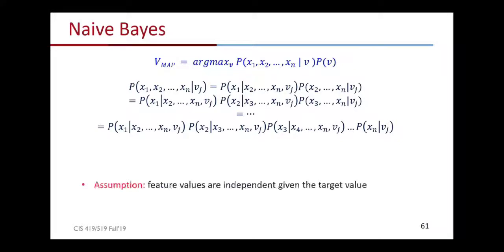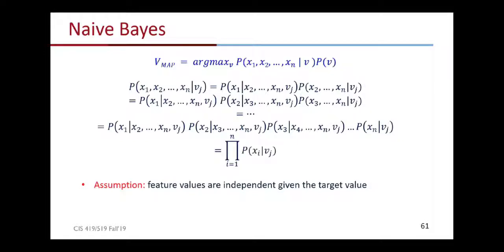So here is the assumption that I'm going to make. I'm going to assume that the feature values, the xi's, are independent given the target value, given the v's. What does that mean? It means that P of x1 given all the other xi's and v is equal to P of x1 given v, because it's independent of all the other xi's.